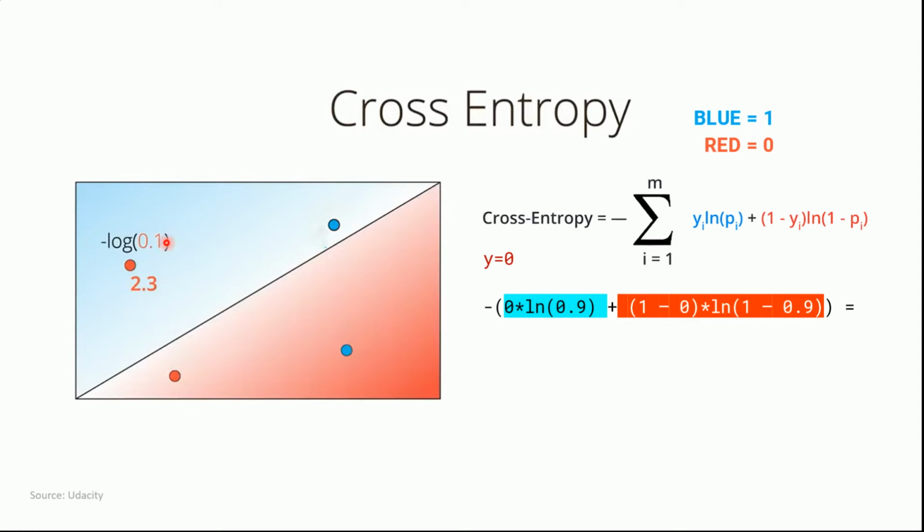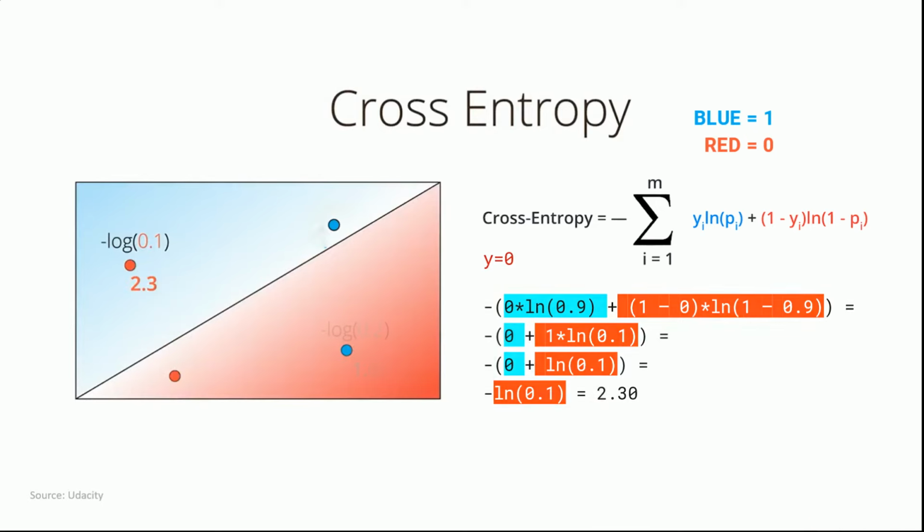But again, because this is a red point, we have 1 minus 0. So we have 0 to this thing, and we have activated this one, which is 1 minus 0.9 to give us this 0.1. So we have this outcome, which gives us the minus of logarithm of 0.1, which gives us a high cross entropy of 2.30 for this point alone.